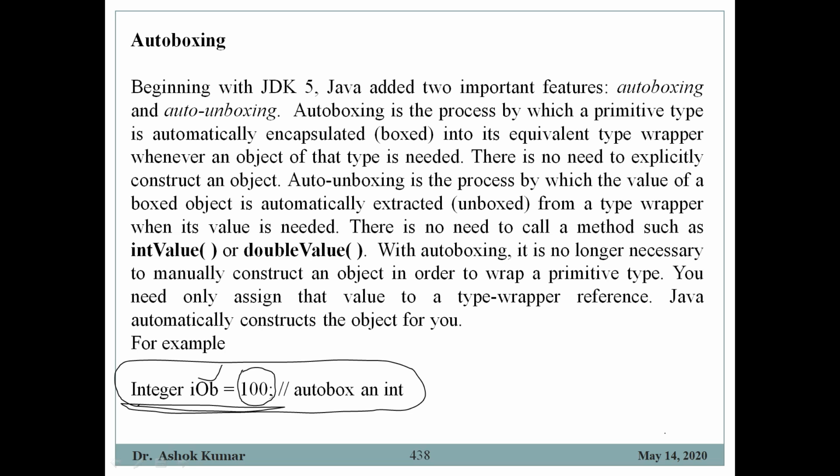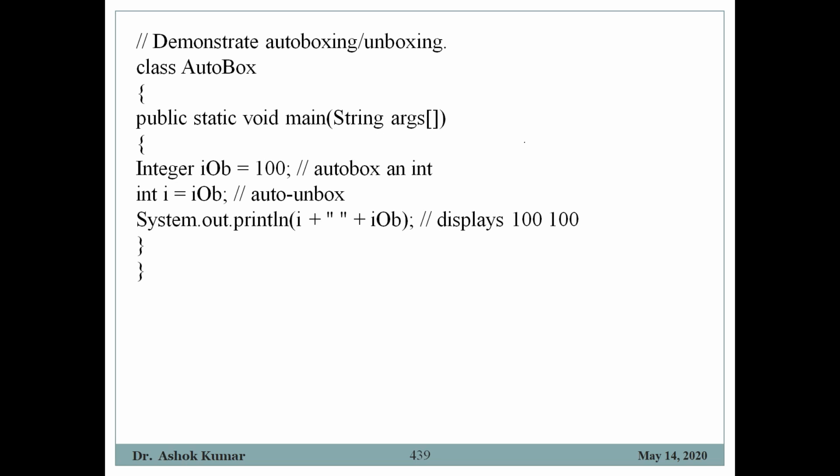Again, I have shown you the example for that, so I'm quickly going to discuss this with you. In the first line, we are creating the object using this line, so auto boxing will happen. Then we are assigning the object to a fundamental data type, so auto unboxing will happen over here. Then you are printing these two, the fundamental data type and the object.